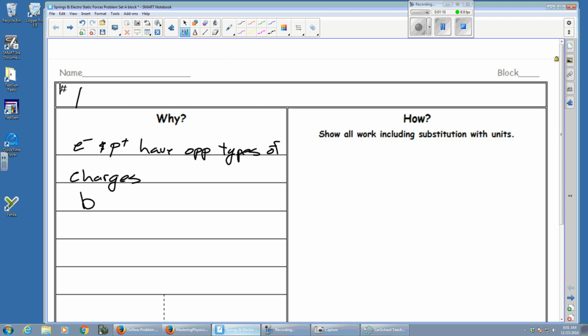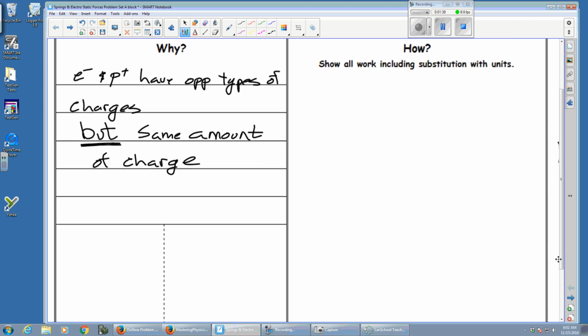And I would say the big but after that, you may, hopefully you remember from chemistry, but the same amount of charge. Opposite type charge, but same amount of charge.